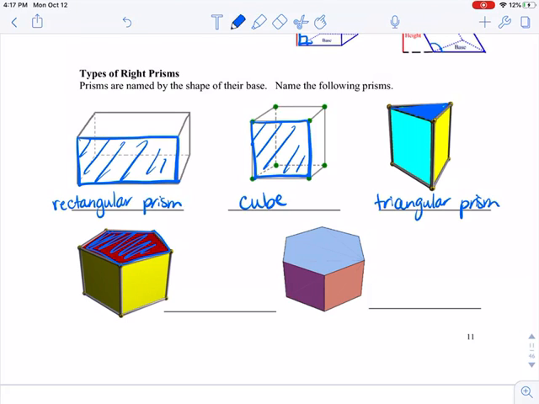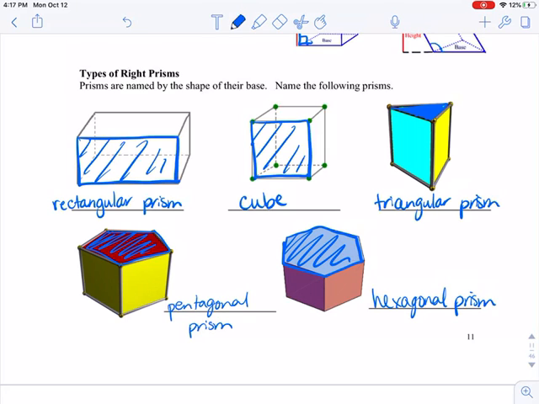If you think of the United States, the Pentagon, so this is going to be a pentagonal prism. This one here, 1, 2, 3, 4, 5, 6 sides. That's a hexagon. So this is a hexagonal prism.